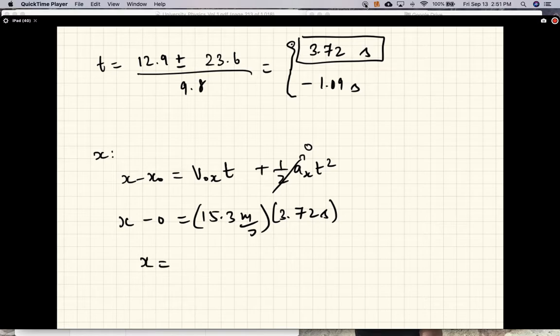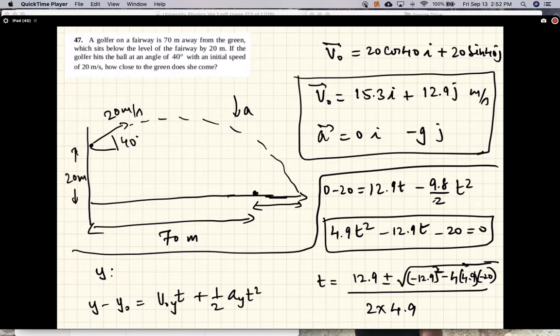So x is 56.9 meters. So the ball travels 56.9 meters, and since the green was 70 meters away, the ball lands short.